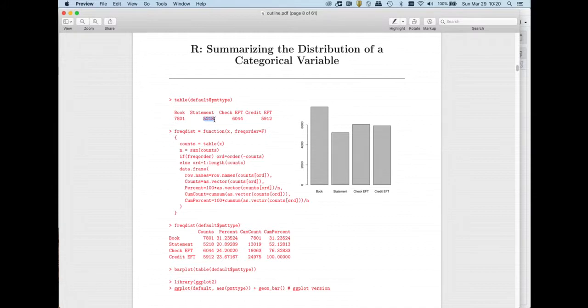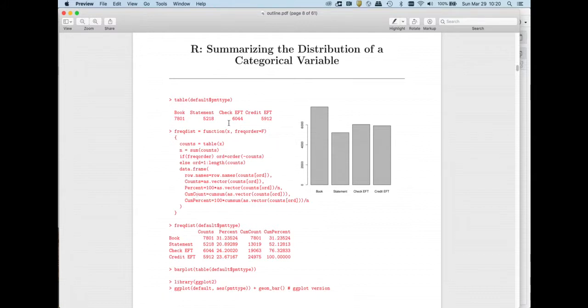Now, I don't completely like just the table command, because it doesn't give us all the stuff that we're usually interested in. So I've written my own little command called freakdist. So freakdist is a function. You can copy and paste this into R, so that you'll have your own freakdist function.